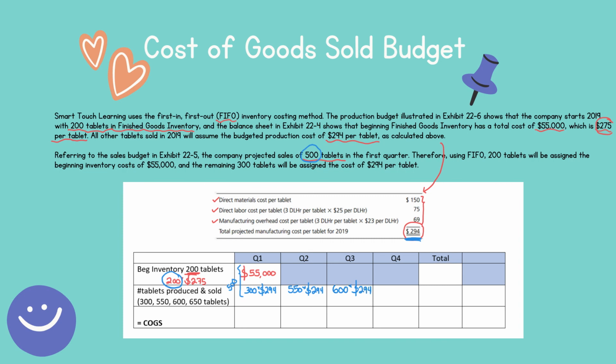In quarter four it's gonna be 650 tablets multiplied by 294. Now cost of goods sold will be beginning inventory plus the number of tablets to be produced and sold multiplied by the cost, so it's gonna be the total for these two. Now we are done with the cost of goods sold budget.